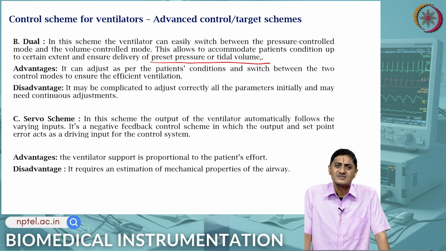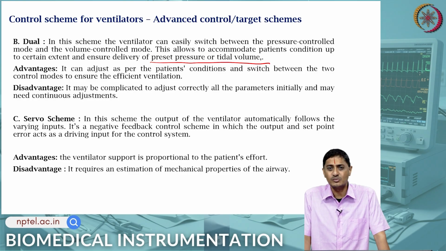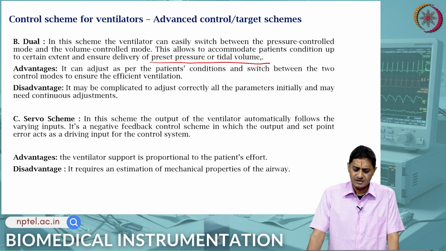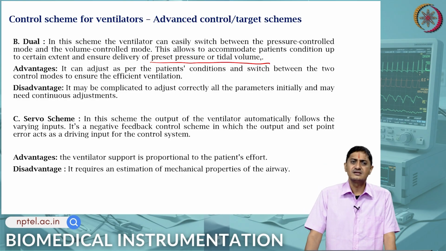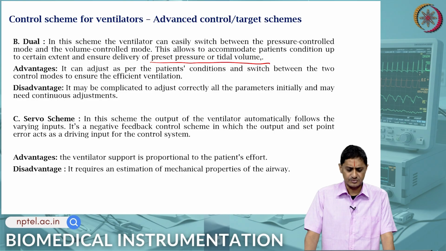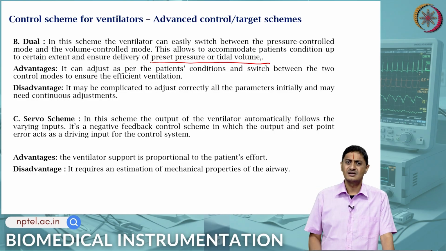The third is servo scheme. In this case, the output of the ventilator automatically follows the varying inputs. It is a form of negative feedback in which the output and the set point error act as the driving input. So, there is a set point error and the output, both of these serve as the input to the system.